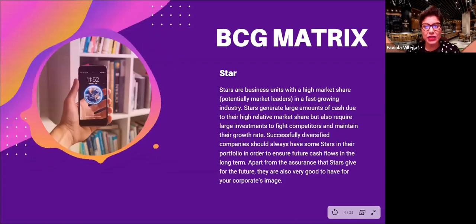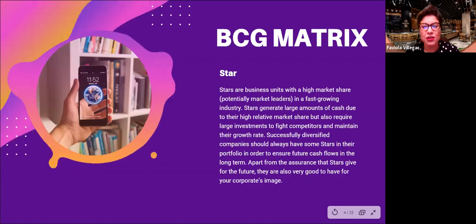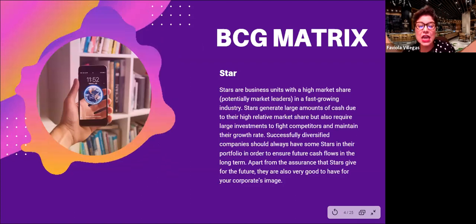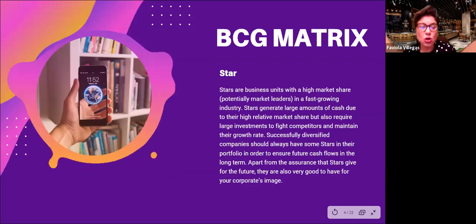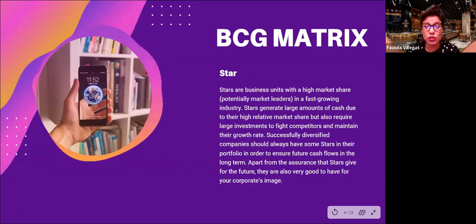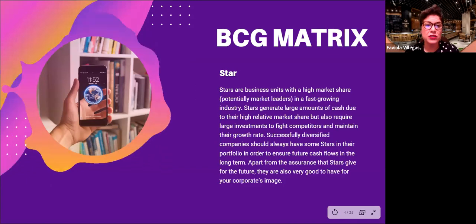So successfully diversified companies should always have some stars in their portfolio in order to ensure future cash flows in the long term. Apart from the assurance that stars give for the future, they are also very good to have for your corporate image.